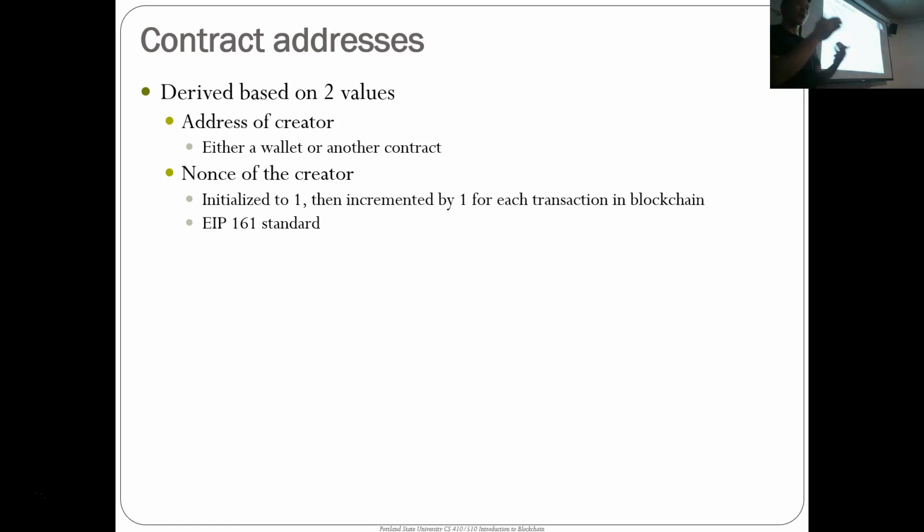So when you have a wallet, every transaction you submit to the blockchain increases your nonce by 1. So your nonce starts at 1, and then for every transaction that you submit, it increases that nonce by 1. So if you look at your MetaMask and you see your transactions in MetaMask, they're incrementally increasing. That's your nonce, basically, that MetaMask is reporting.